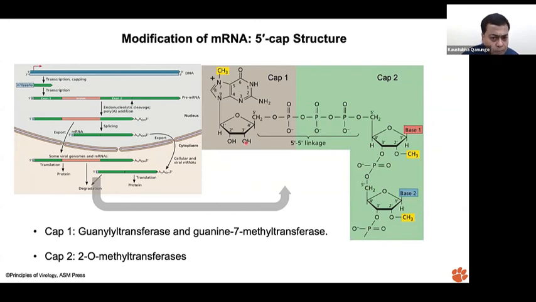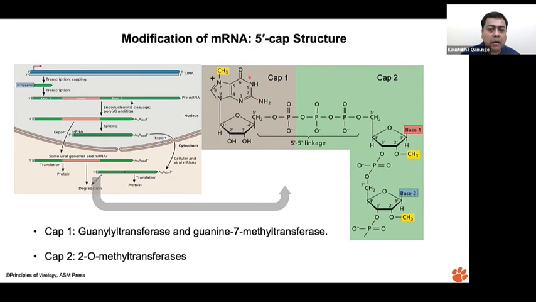And anyway, what you are seeing here, the cap structure is very unusual at the 5' end of the RNA. And this is cap 1. You can see that this is the first base of the mRNA. And you can easily see that base 1, usually this is A or G, and ribose sugar, and you have the triphosphates.